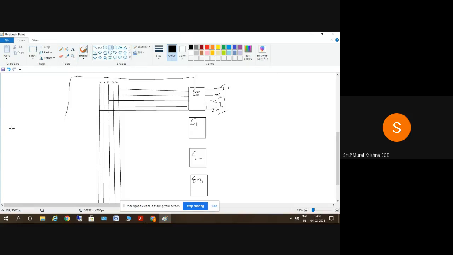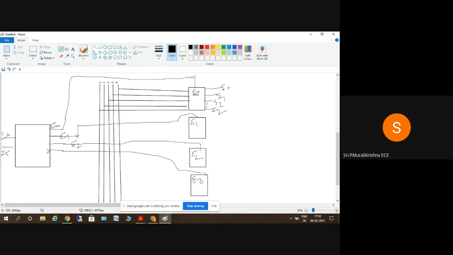We'll be having a 2 to 4 decoder with 4 outputs and 2 inputs, which I'll write as I5 and I6. Each output is given to an enable: this is given to E0, this to E1, this to E2, and this to E3.